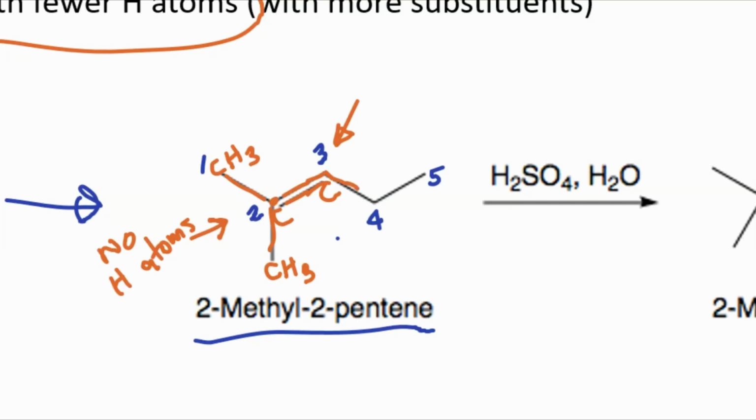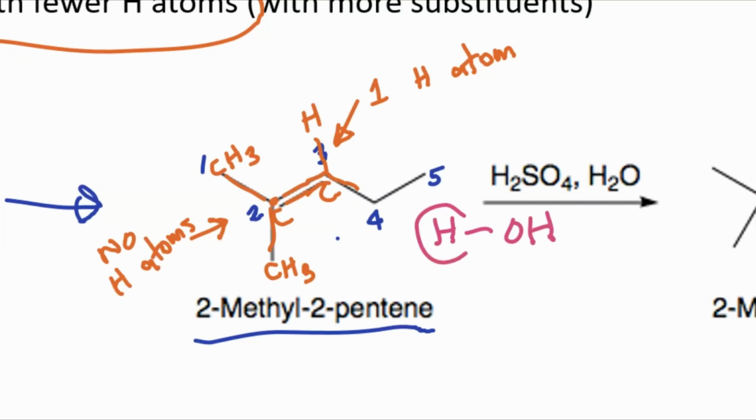According to the rule, each carbon has to have 4 bonds. So the invisible bond is with the hydrogen atom, so this contains 1 hydrogen atom. Now, the rule for the hydration reaction is, if you take the H and OH, this hydrogen will go and bind with the carbon containing the higher number of hydrogen atoms.